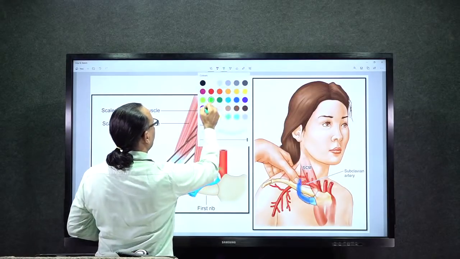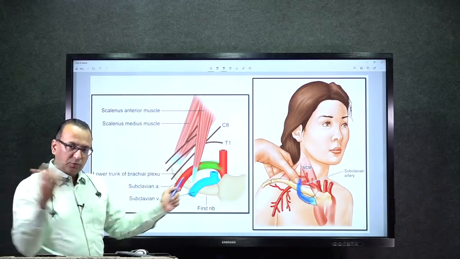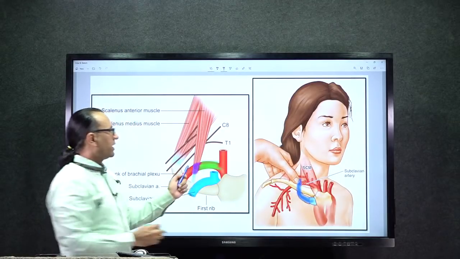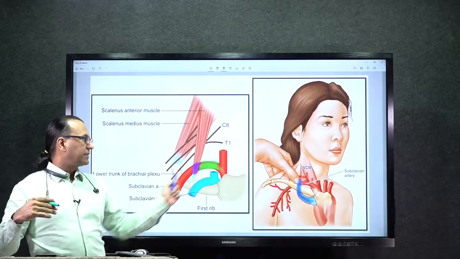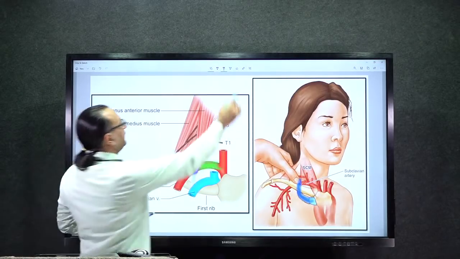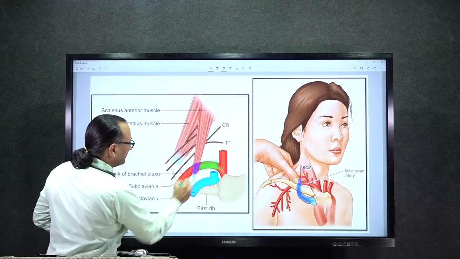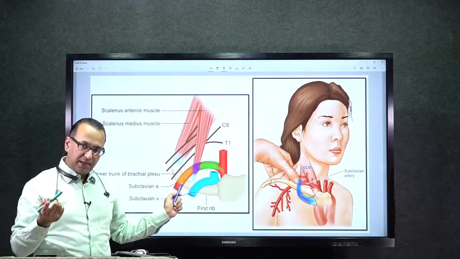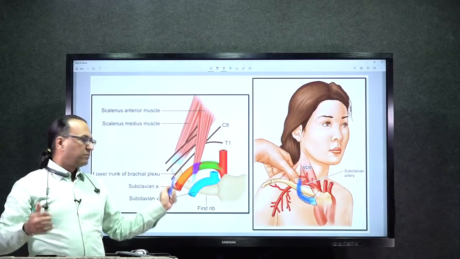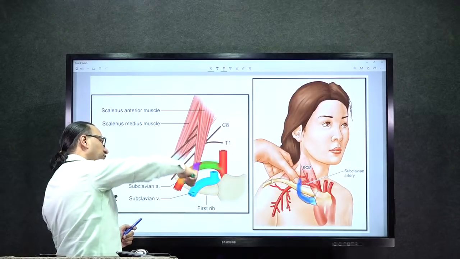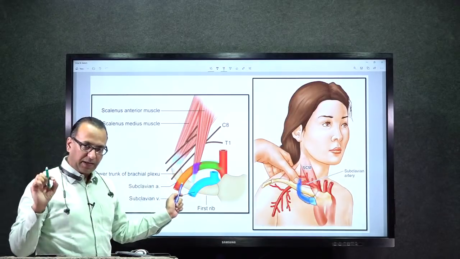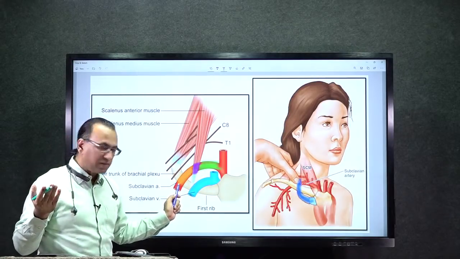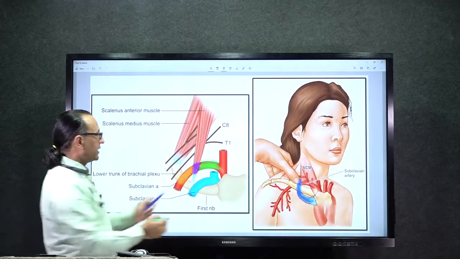If the artery passes posterior to that, deep to that, it is the second part of the subclavian artery, and when the artery comes distal to the scalenus anterior muscle, it is the third part of the subclavian artery, and it is the third part of the subclavian artery which will be passing superior to the first rib. This is where you compress it. So we are compressing the third part of subclavian artery on the superior surface of the first rib, which lies distal to a muscle called scalenus anterior muscle.